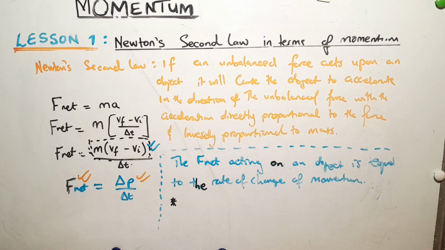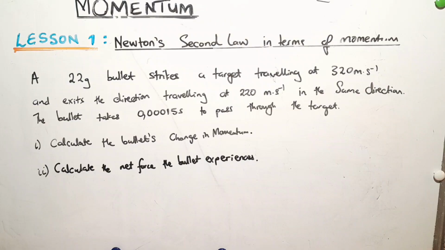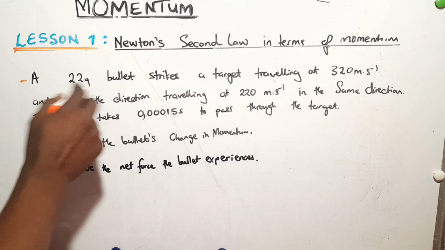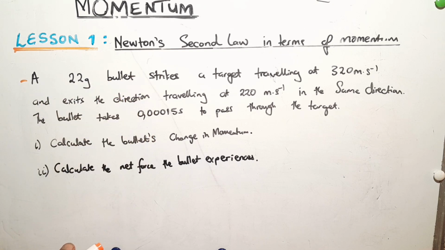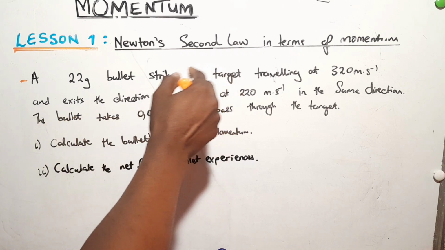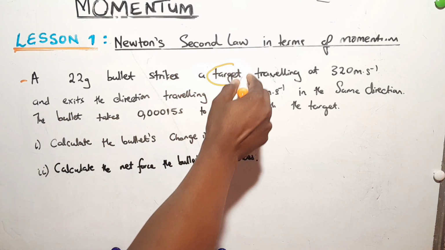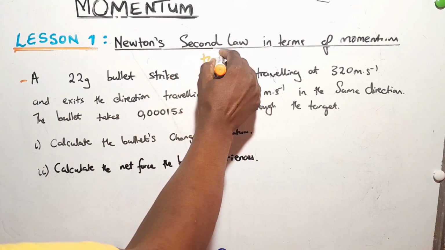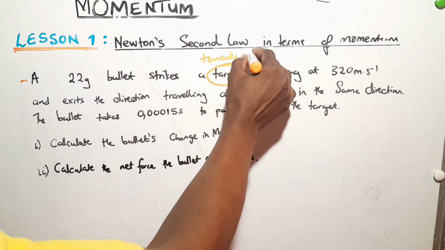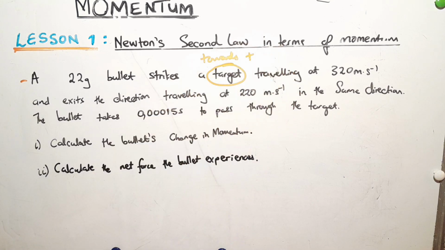So let's take a look at an example. We are having a situation here. They said a 22-gram bullet strikes a target traveling at 320 meters per second. Towards the target, we can let this be positive.